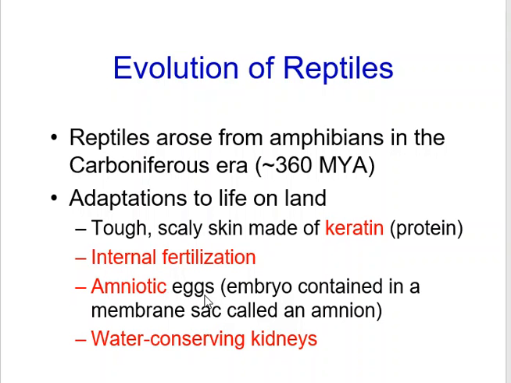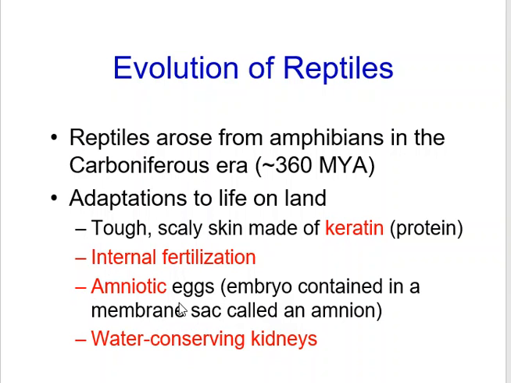Amniotic egg is also the type of egg that we produce, even as humans. I'll show you that we still have that amniotic membrane associated to our developing embryo. I'll show you in the next slide.